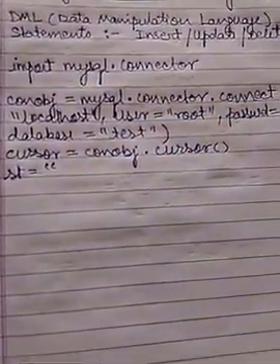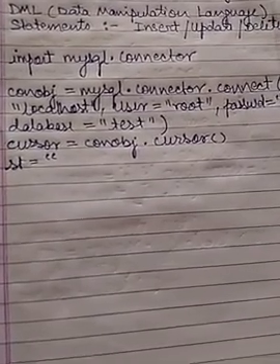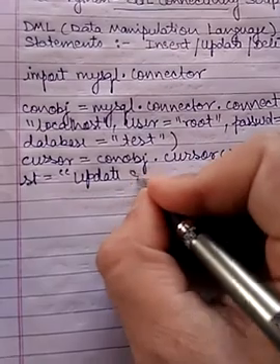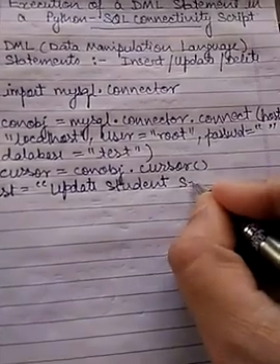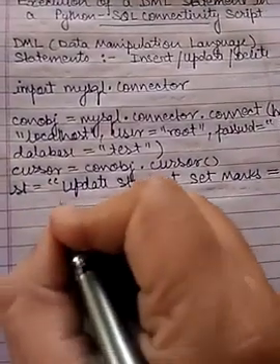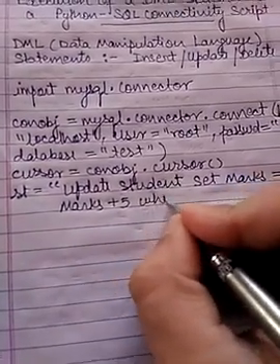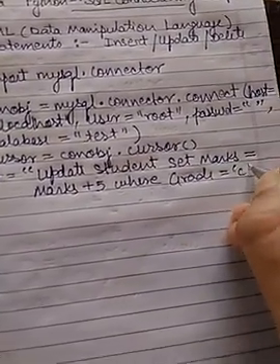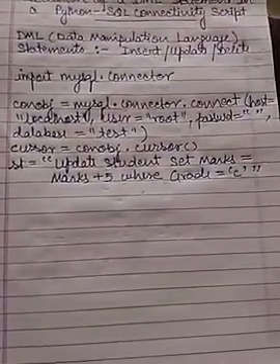Our task is we want to update the marks by 5 for those students who are having grade C. So the update command will be update table name, let us say student, set marks equal to marks plus 5, condition in where clause, where grade equal to C. So this is the statement to update the marks.